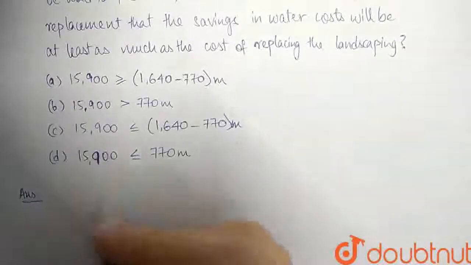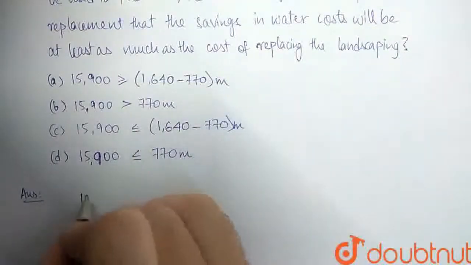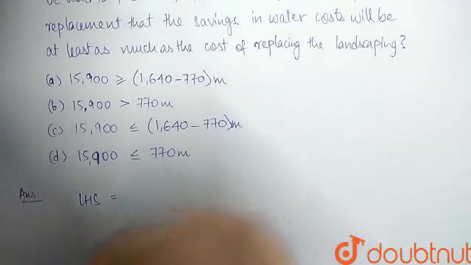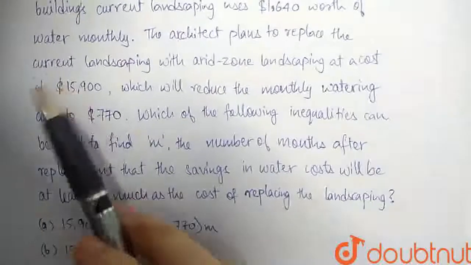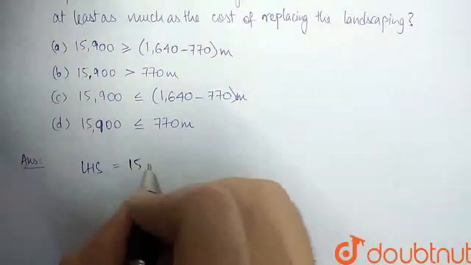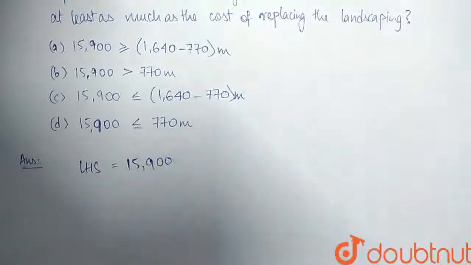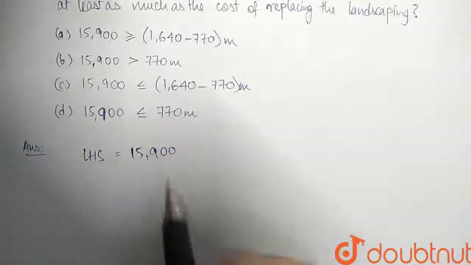So first, since we already know what the cost of replacing the landscaping is, the LHS of the inequality would be that value. That value is given to us as $15,900.